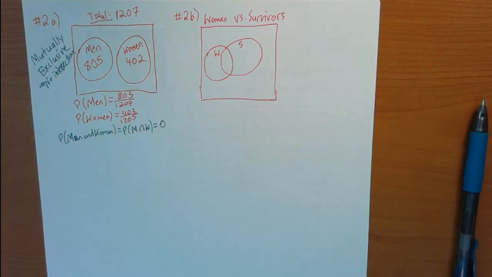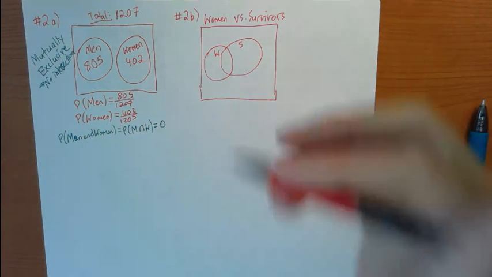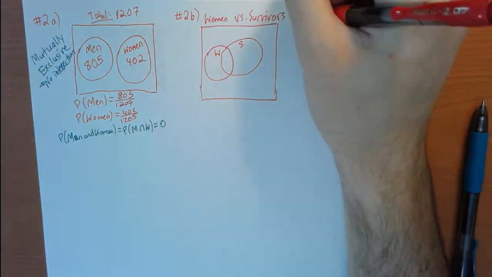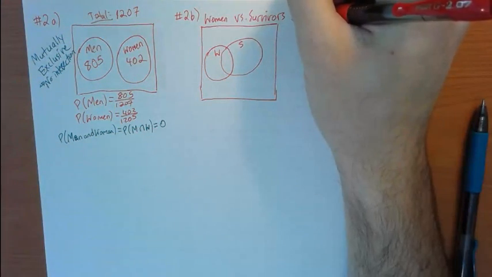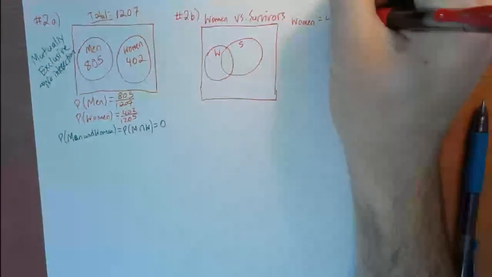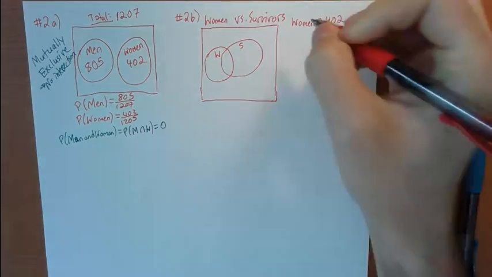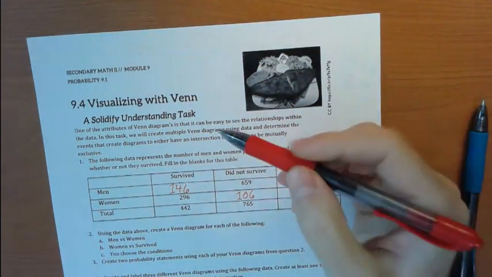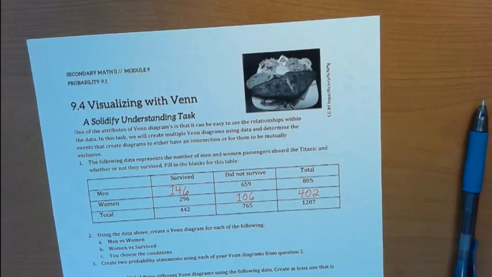So if you look back at our data here, we basically have a certain amount of women on the ship. So we could write our number of women off the side. So the women on the ship, we know from our last one, is 402. And survivors from the ship, if we flip back to our front page, survivors total was 442.